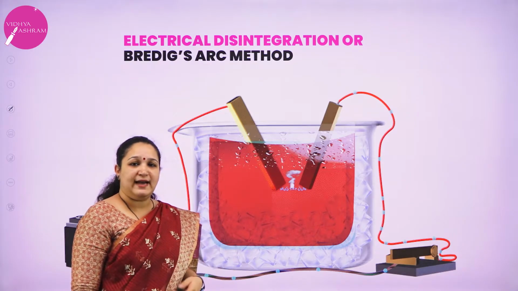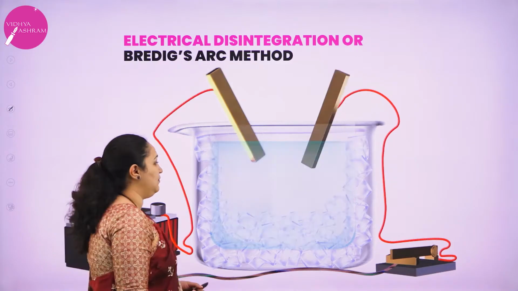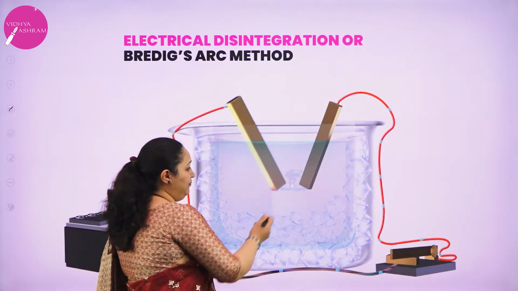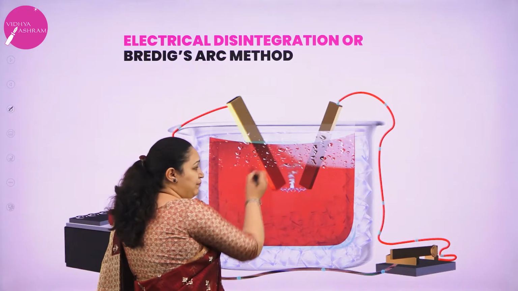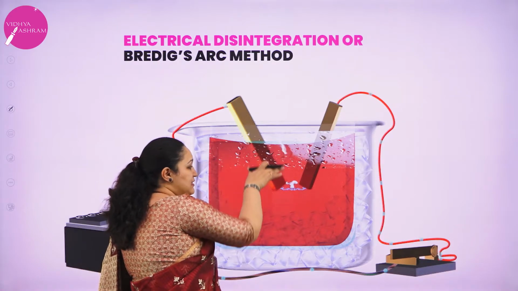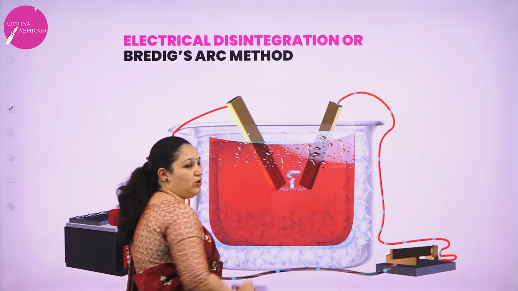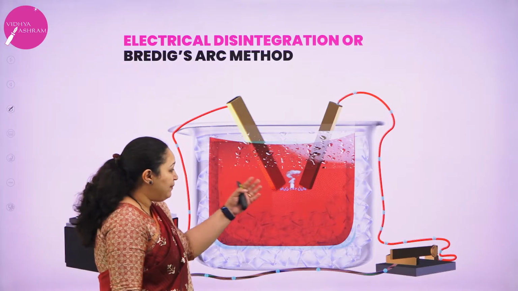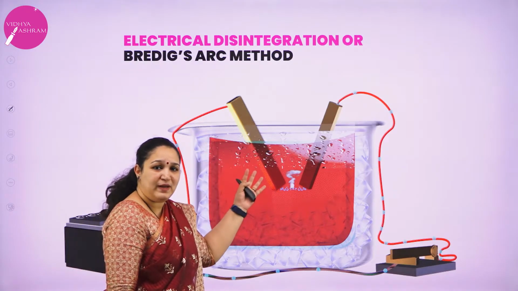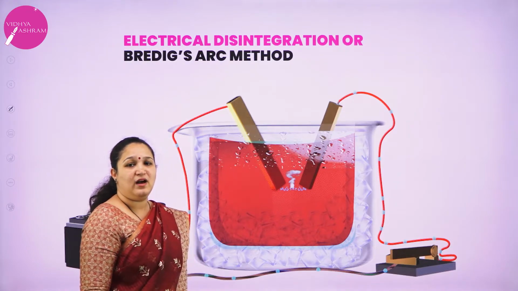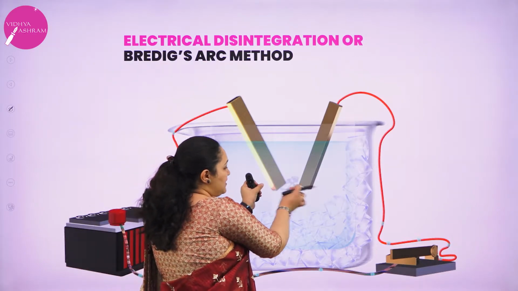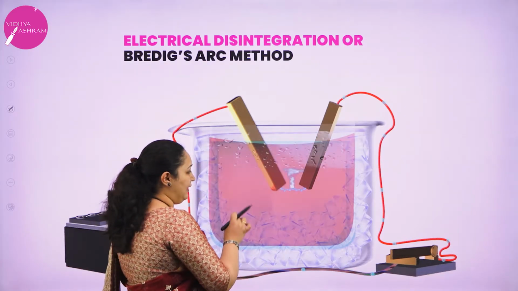So what exactly happens? An electric arc is struck between the two electrodes and the metal vaporizes, and immediately it gets condensed to form the colloidal solution. The vaporization is because of the intense heat due to the electric arc which is struck between the two electrodes.